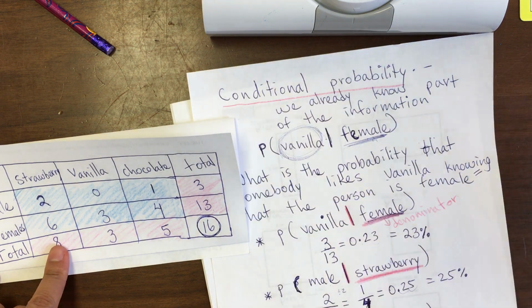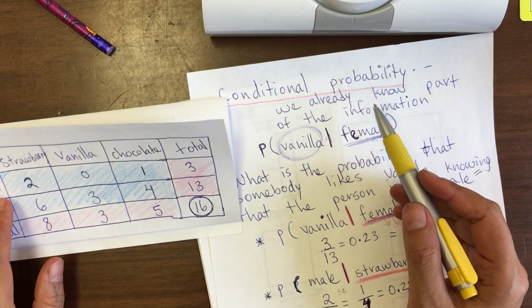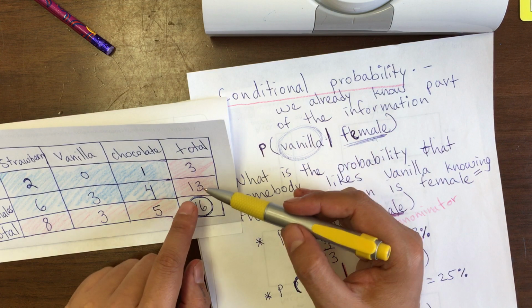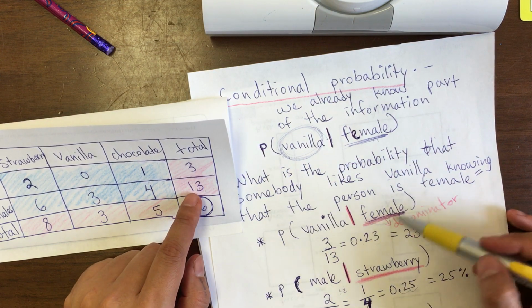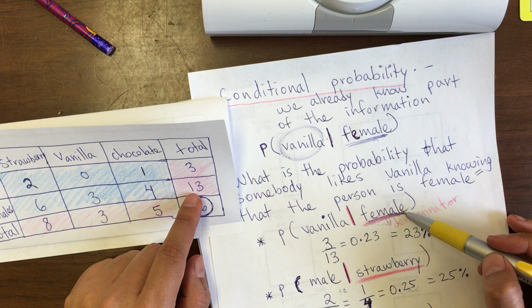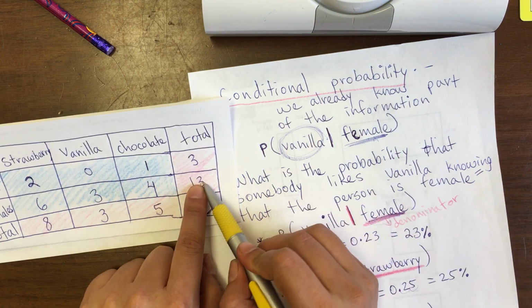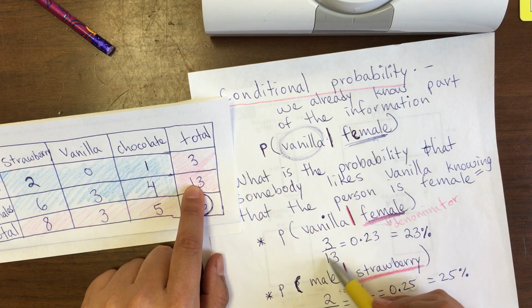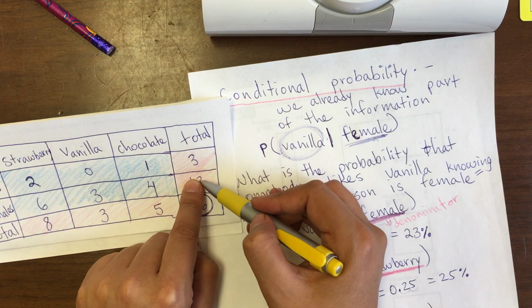And for conditional probability, first work with the one that you already know we have, and then go from there. Like if we're talking about female, it's not the grand total of students, but the total of that category.